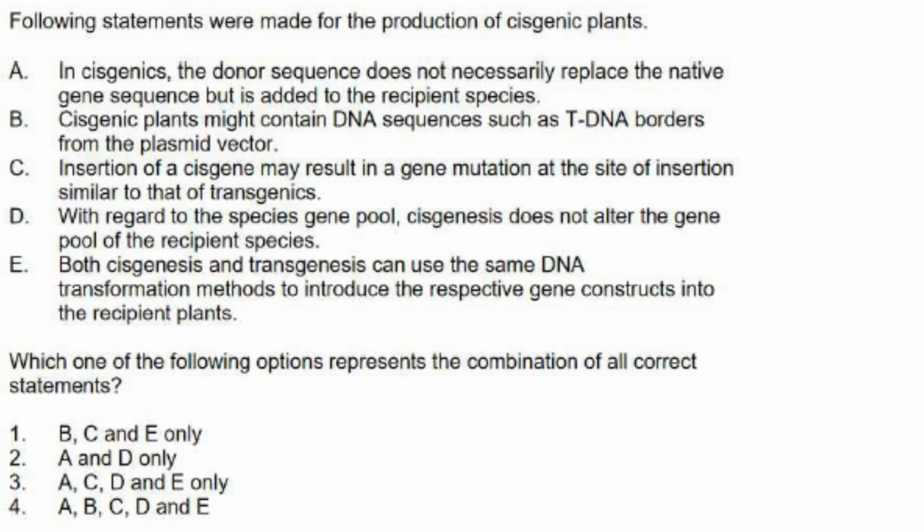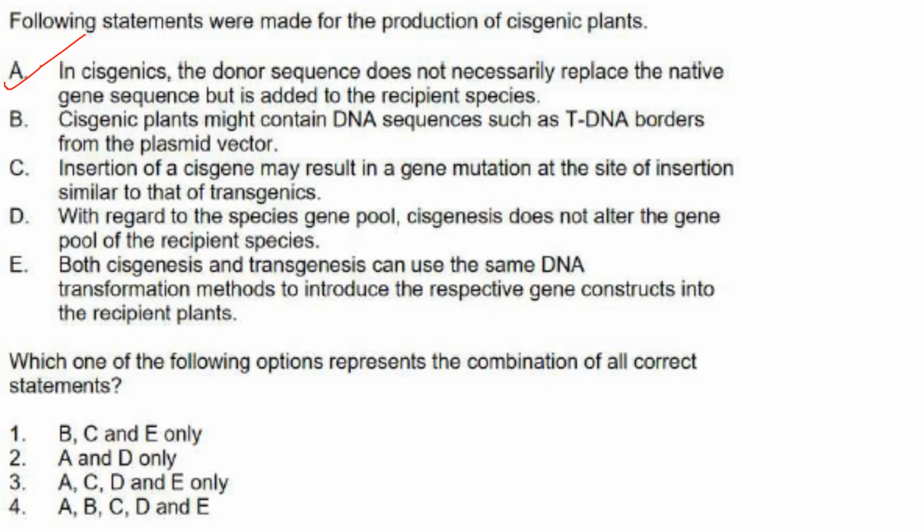Okay. Now, first statement: in cisgenics, the donor sequence does not necessarily replace the native gene sequence but is added to the recipient species. That is correct. Because cisgenic, as I told you, is a genetic modification technique that involves transferring a gene from a donor plant to a recipient plant without replacing the native gene. The donor and recipient plants are from species that are sexually compatible or closely related.